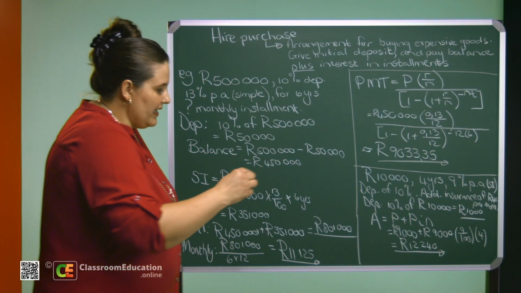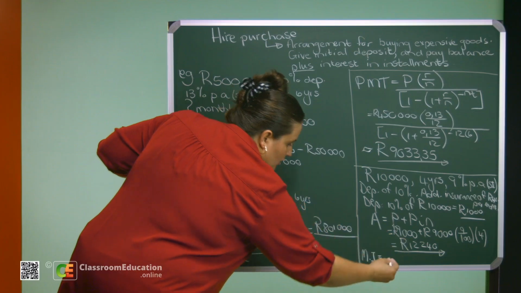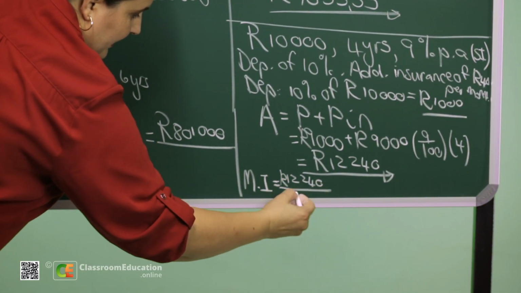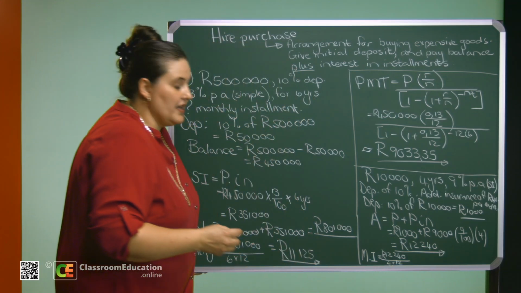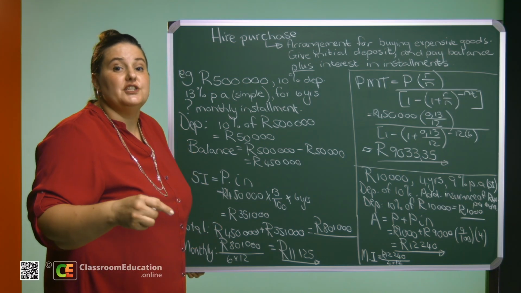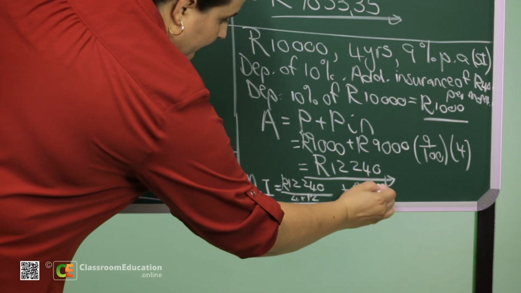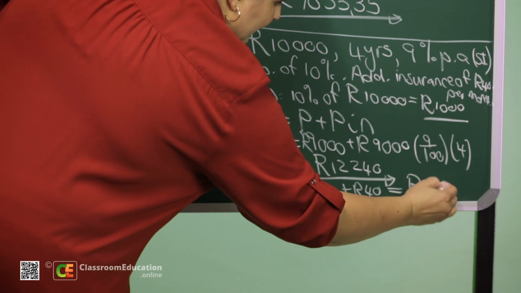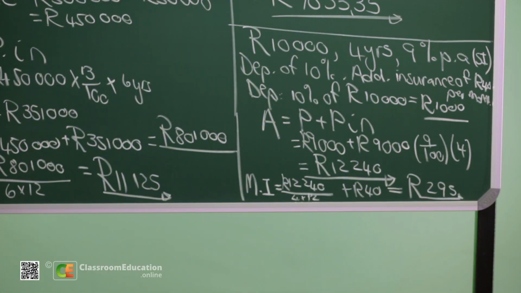So we can work out our monthly installment by saying 12,240 Rand divided by 4 times 12, because there are 4 years and 12 months in a year, plus the additional 40 Rand, and that will give you an answer of 295 Rand per month.